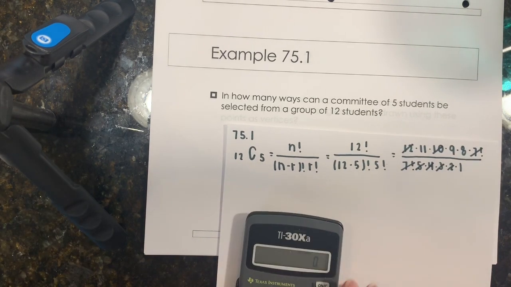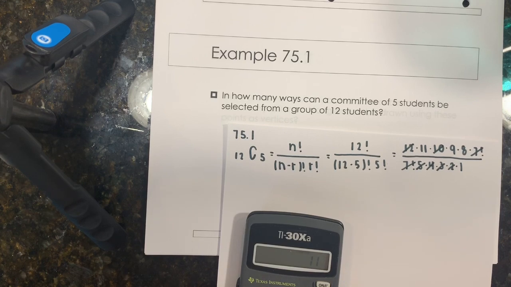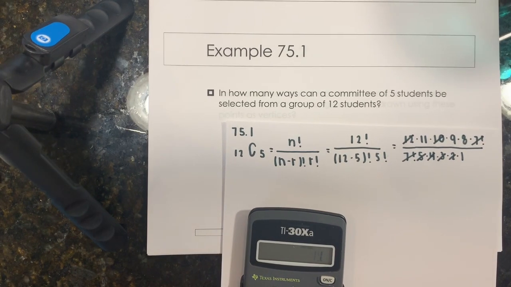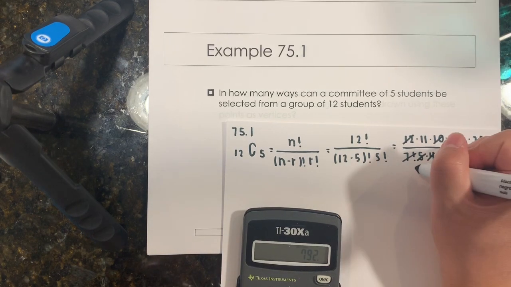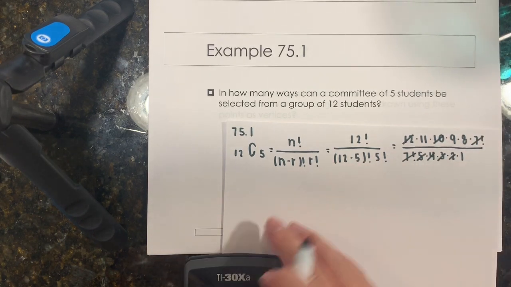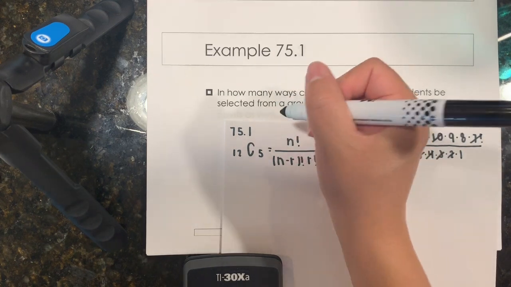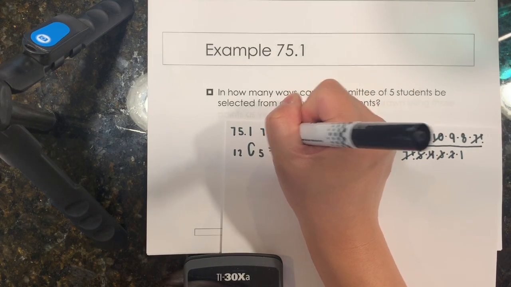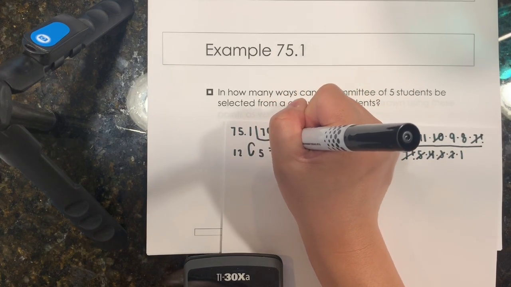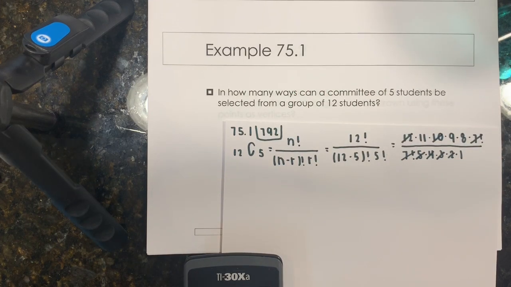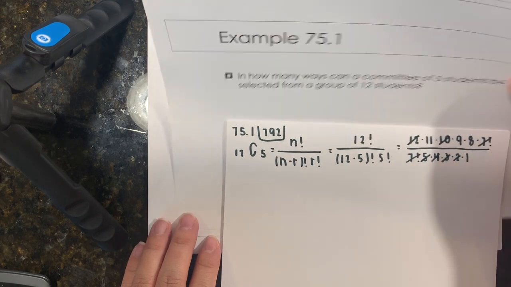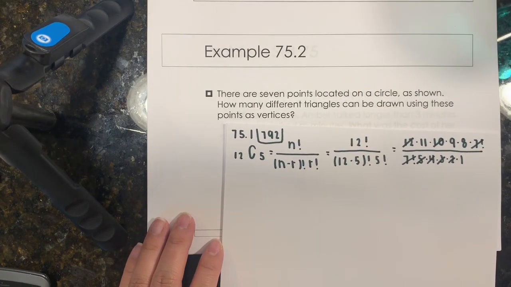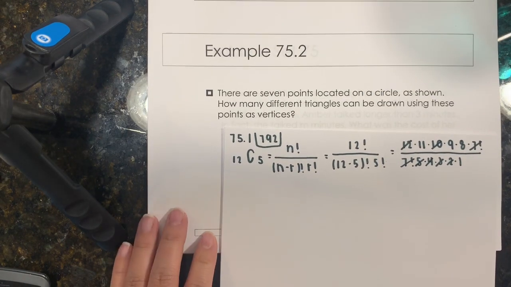So you are just left with 11 times 9 times 8, and that would give you 792 as your result. Again, n is your total number of items, r is the number you're taking at a time.